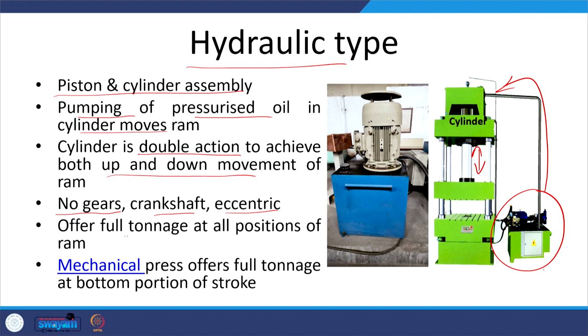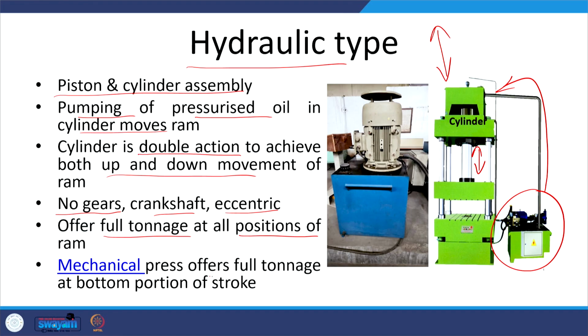Another important aspect is this: the hydraulic type of presses allow the full tonnage at all positions. So, whatever the ram stroke length is, the full pressure can be realized at any position of the ram, but in mechanical systems the maximum pressure is realized at the bottom portion of the stroke.